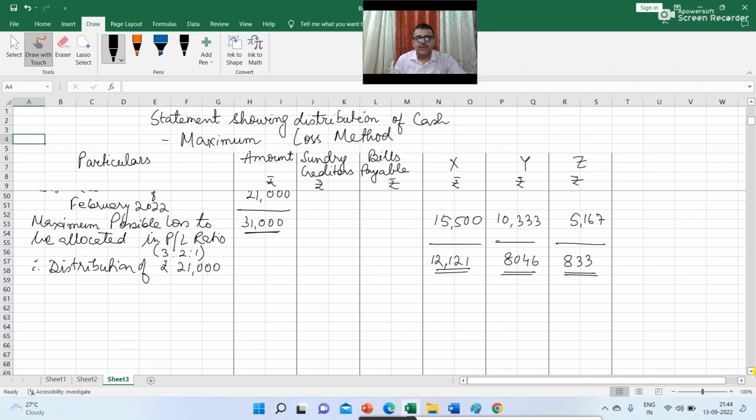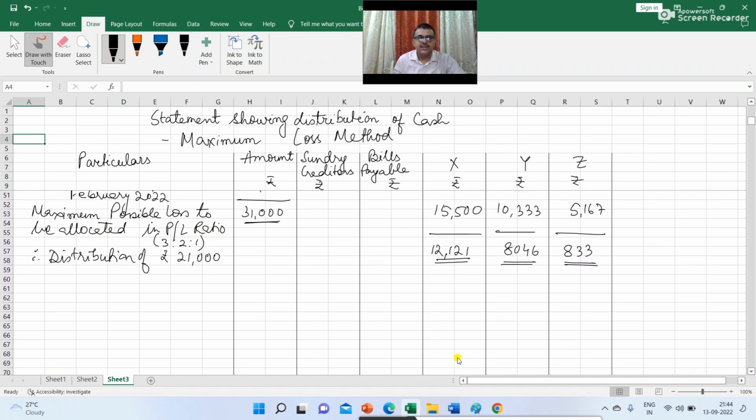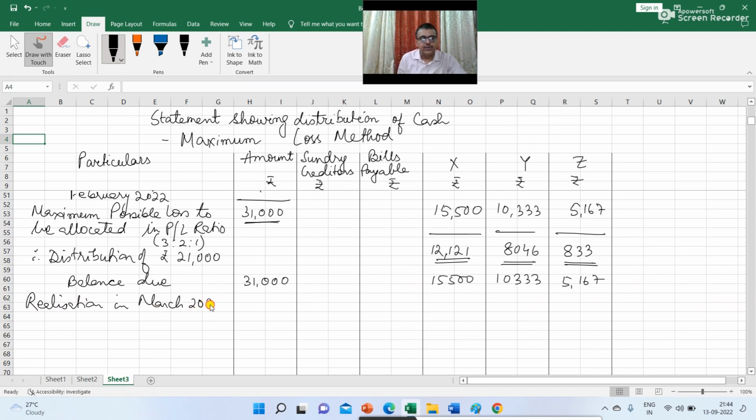So after disbursement of 21,000, that is the realization of February 2022, this is the balance due. Balance due is 31,000, and 15,500, 10,333 and 5,167. Now the amount realized, so realization in March 2022, which is 40,000.